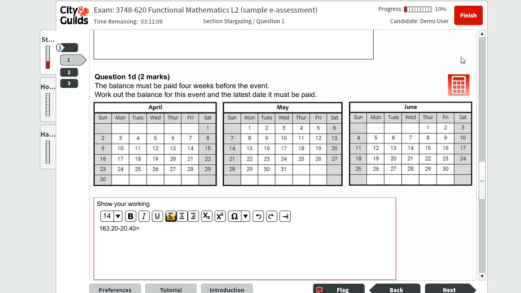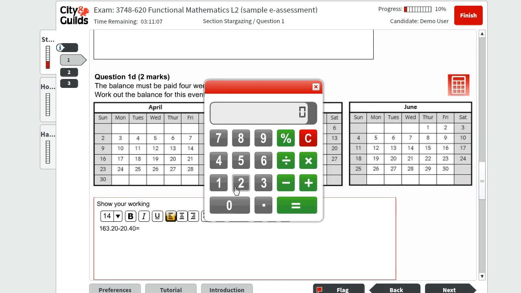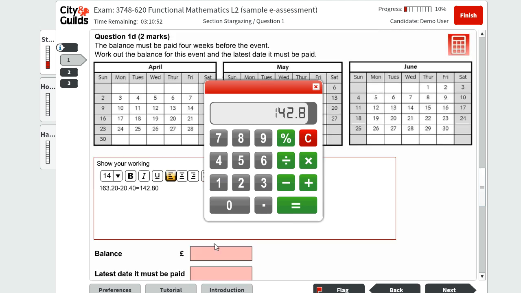Again, we'll use the calculator. 163.20 minus 20.40, and the balance is £142.80.